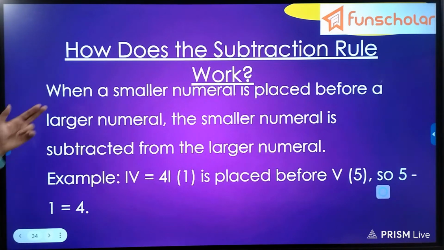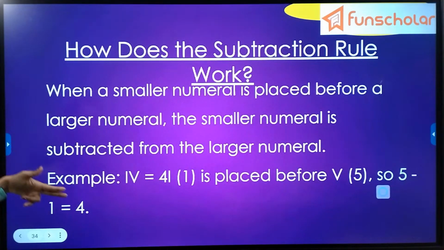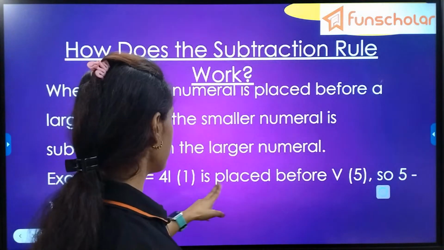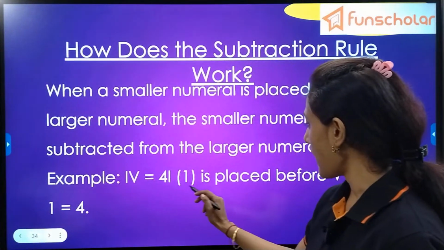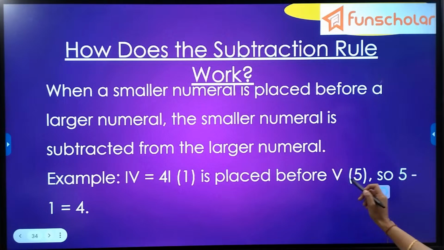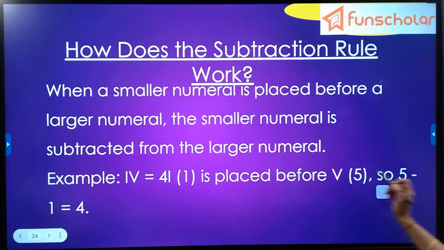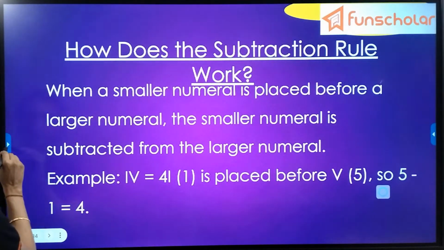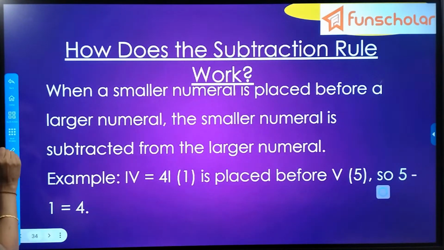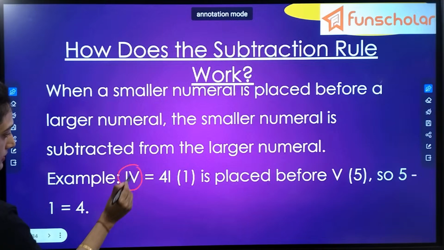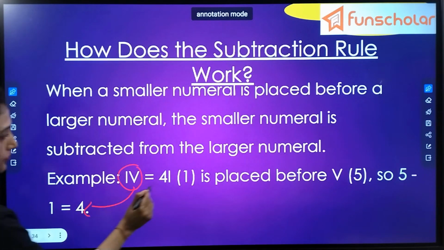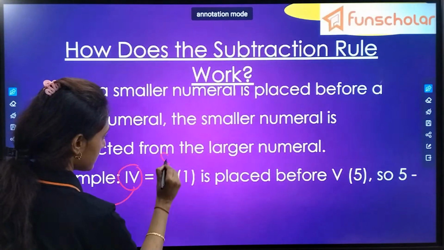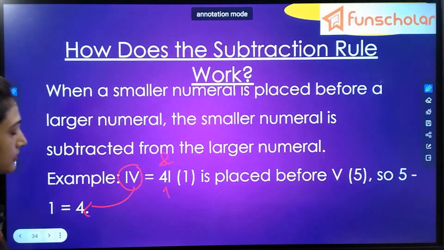See, an example is given. Suppose I is placed before V. Then 5 minus 1 equal to 4, or it is represented as this. It is 4 and 1. Okay.